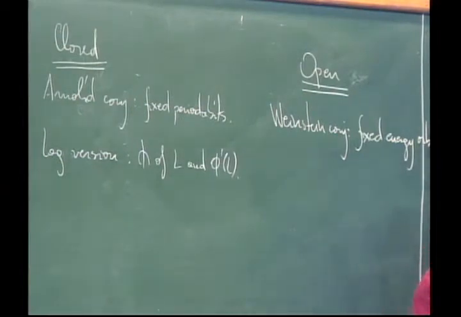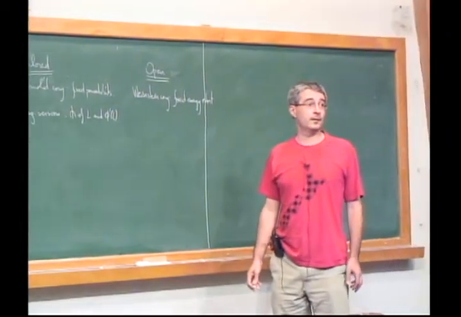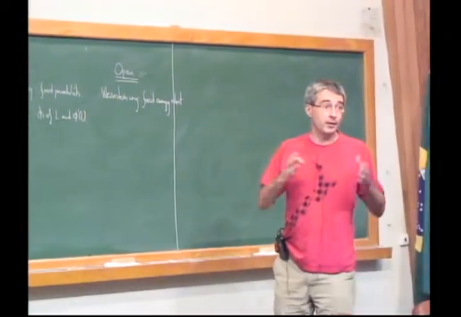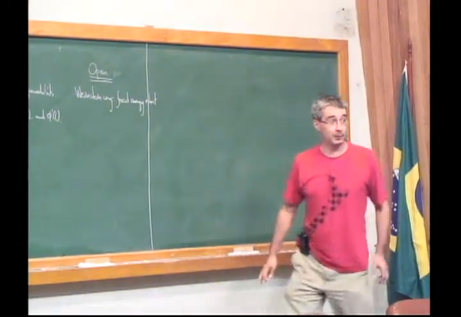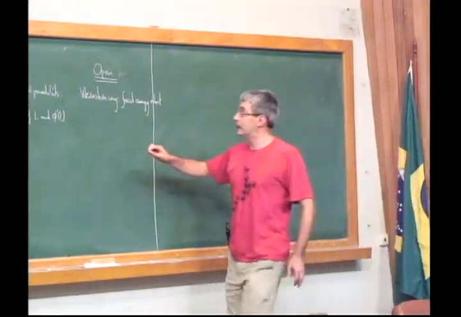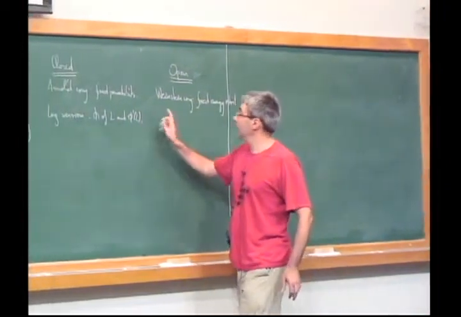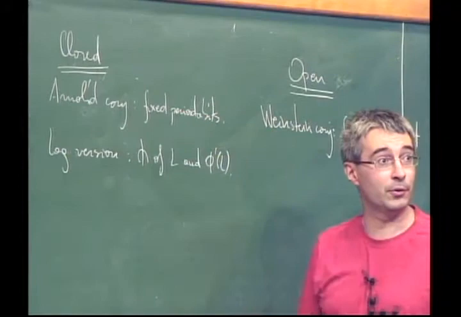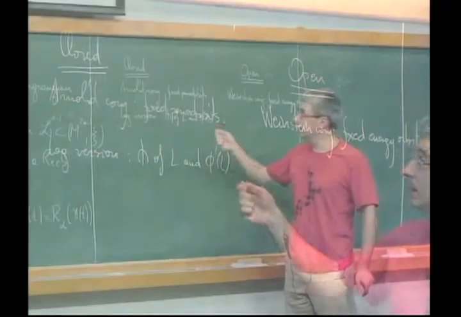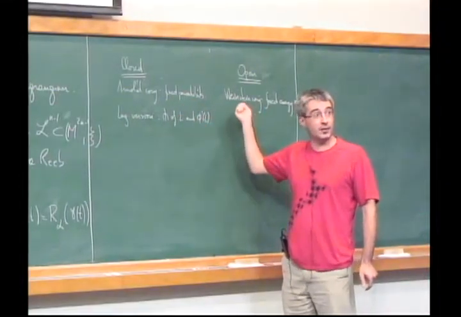We're in general looking for one, and proving more is a very difficult task, as some people in this room know very well. So this would be an analog to the Arnold conjecture, if you wish, by trading fixed period for fixed energy level.